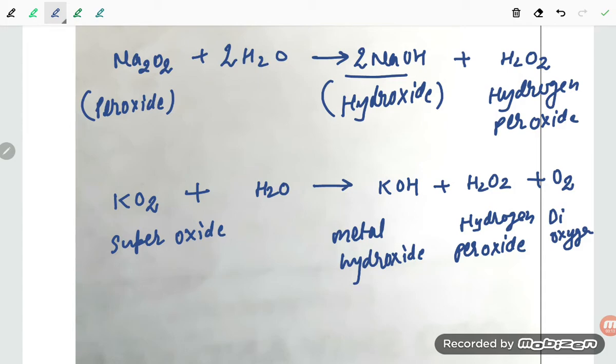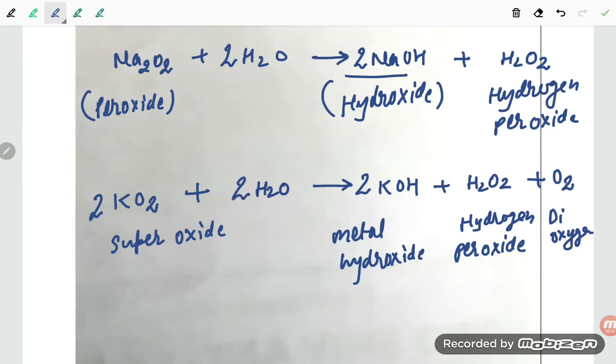Now we have to balance here. See how many oxygen are there: 2, 2, 4, 1, 5. Here how many are there: 2, 1, 3. To balance it out, you put 2 here. Now check the hydrogen: 2, 2 is 4, and 1 makes 5. On the other side, 2, 2 is 4, 4 and 2 is 6, and 2 makes 8.